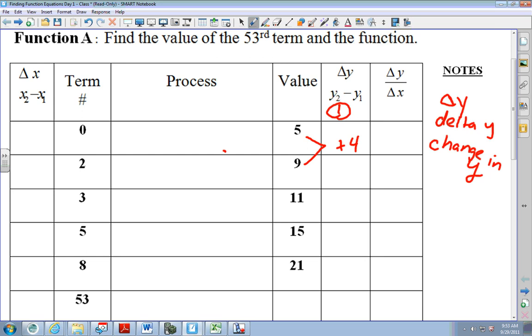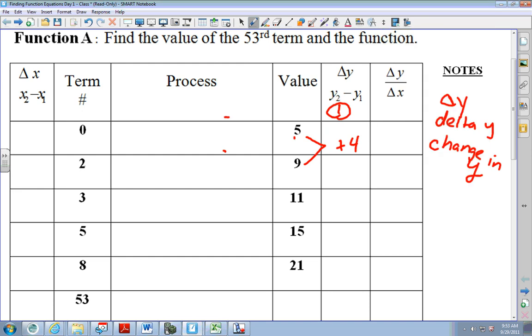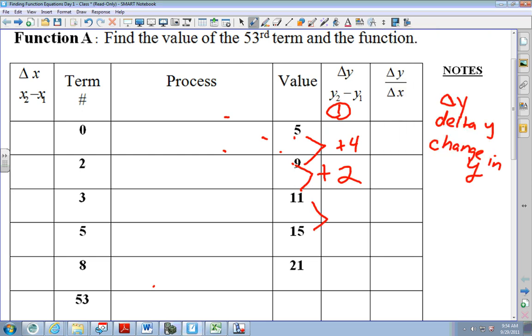So that is plus 2. Okay, so I've got plus 4 and plus 2, and then plus 6.